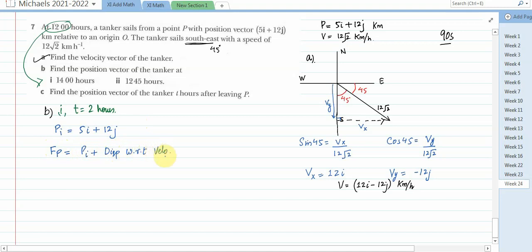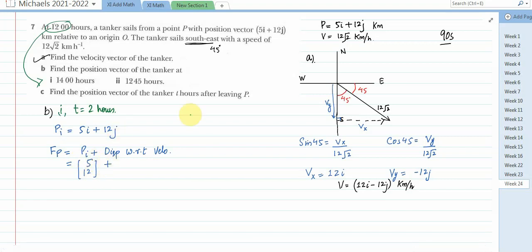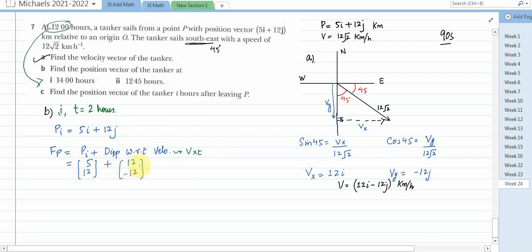That is the working equation. Initial position is 5 and 12, it's given, plus displacement. Here we apply the working formula of velocity into time equals displacement. The velocity we found is 12i minus 12j, and time is 2 hours as I mentioned earlier.